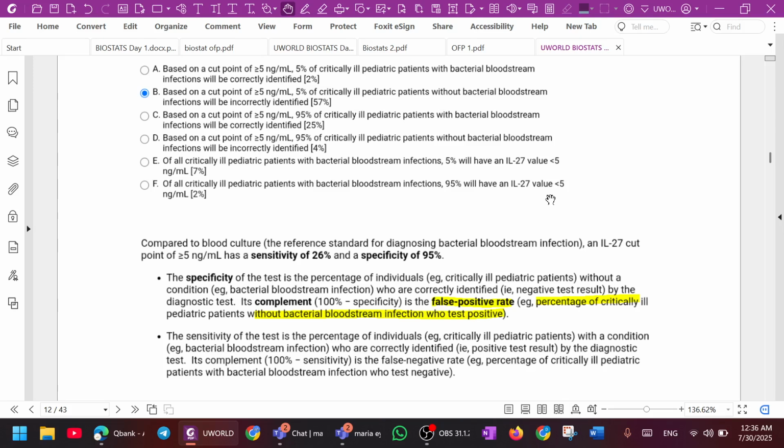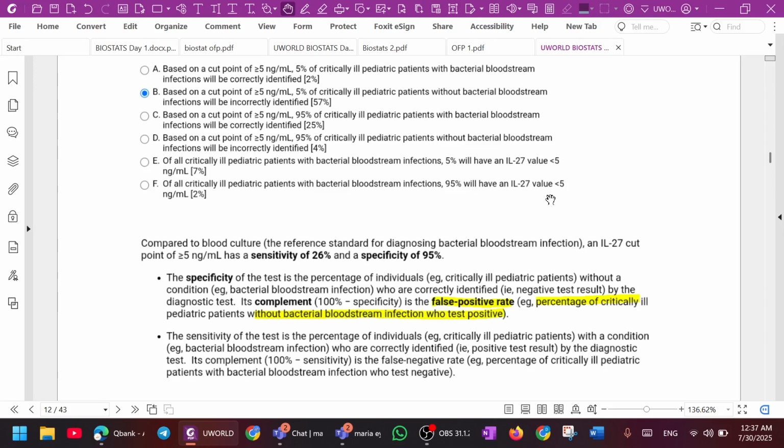Of critically ill patients with bloodstream infection, so the ones that have the disease, 95% will have an IL that is less than 5, so that is negative. So that is people with the disease that test negative. People with the disease, but test is negative.